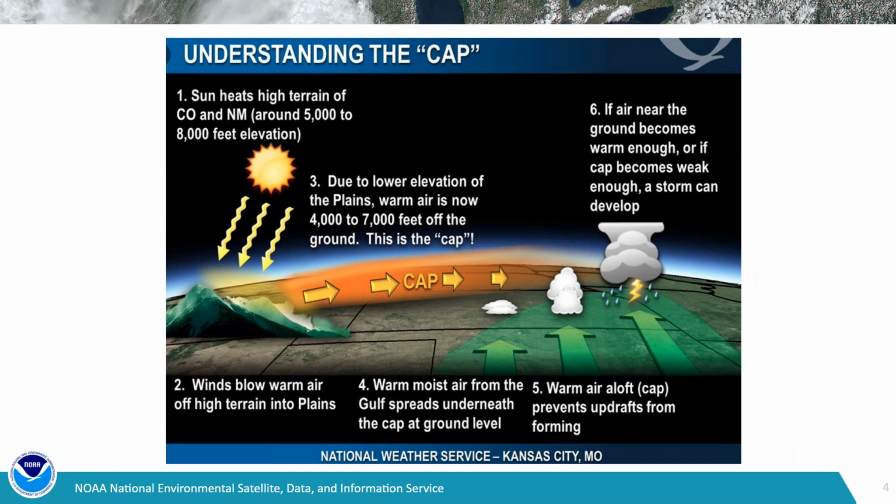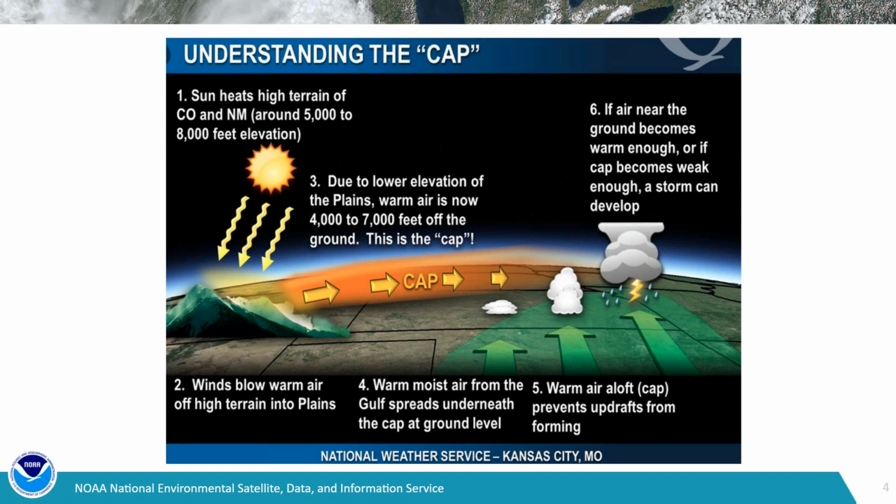So, understanding the cap and how it's created. This is a graphic from my former weather office. I used to be a lead forecaster at the Kansas City office, and one of my fellow forecasters, Dan Halblitzel, created this graphic back in 2016, and we posted it on social media. I couldn't think of a better image to highlight how the elevated mixed layer develops.